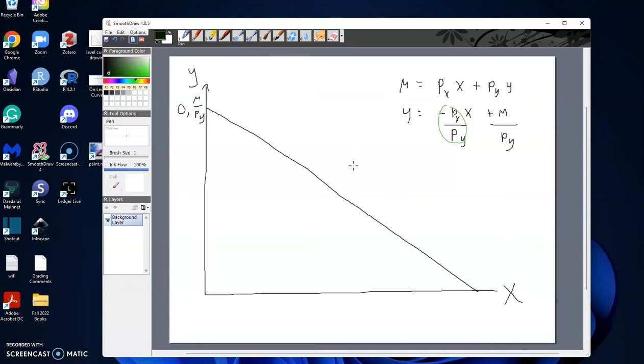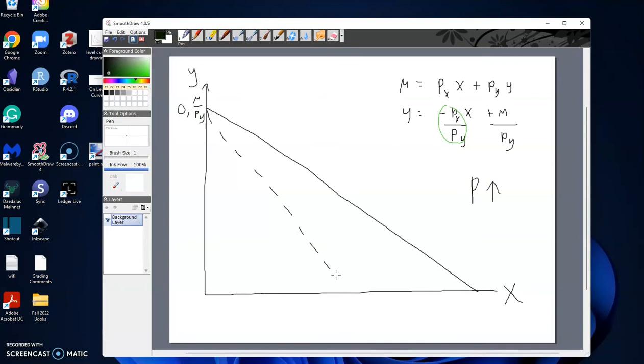Now that we have that out of the way, let's talk about price. In this particular market, let's say for whatever reason, the price of good X goes up. We don't know why yet, but we're just going to say the price goes up. It could be tax, it could be inflation, anything. That's going to affect our price ratio, what I have circled in green, and it's going to make the budget line more negative.